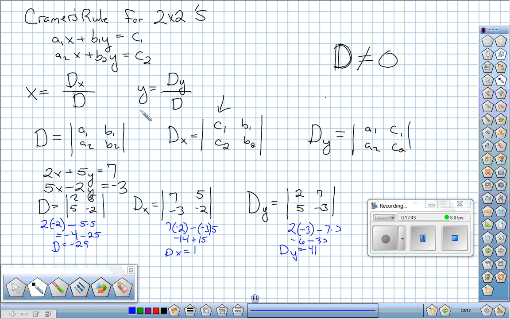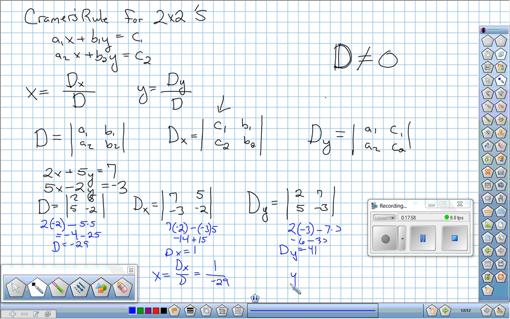Okay, and then to find my x, x is equal to dx over d, which is equal to 1 over negative 29. So that is what x equals.